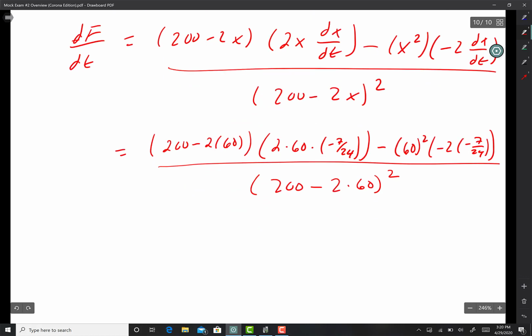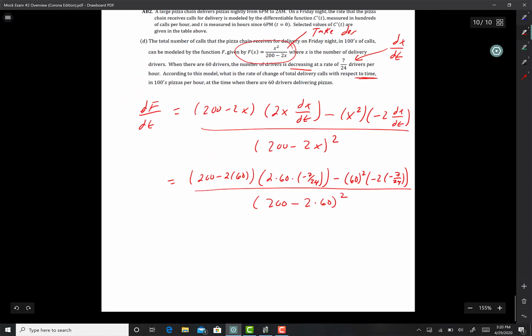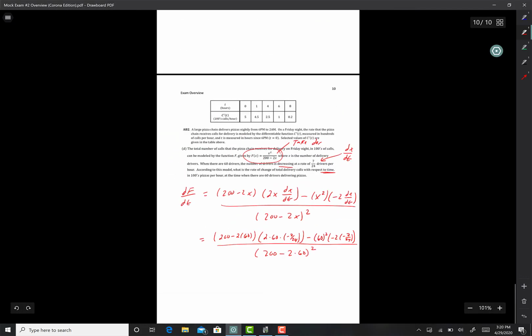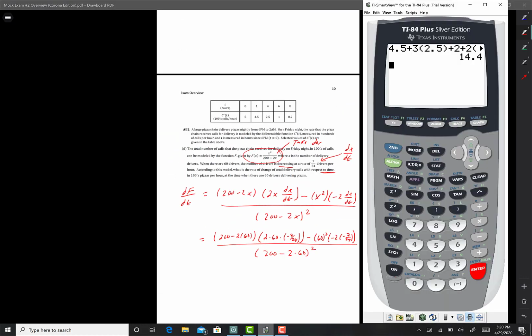All right, so I'm just going to use my calculator, guys. I'm not even going to bother simplifying. So here's my calculator. Open parenthesis, 200 minus 120. I can do that mentally, no big deal. Close, open, and then 2 times 60, that's 120.